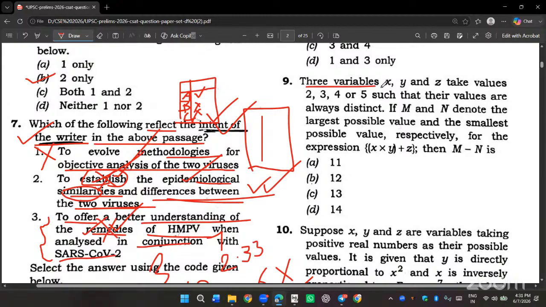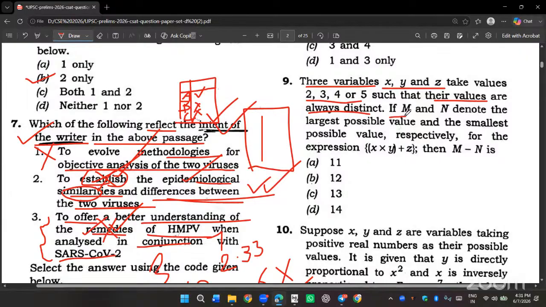Three variables x, y, and z take values 2, 3, 4, 5, in such a way that their values are always distinct. Distinct means they should not be the same.